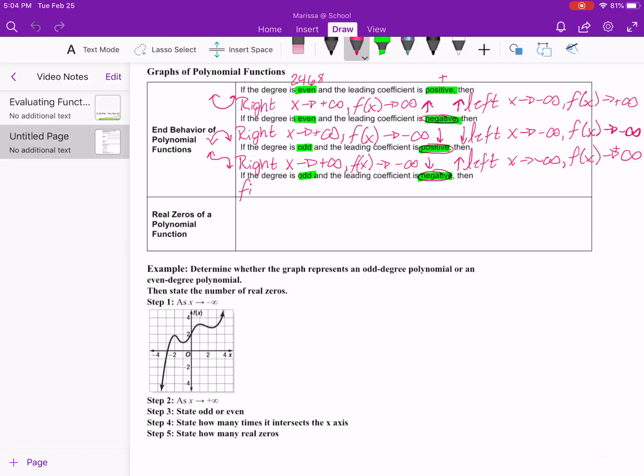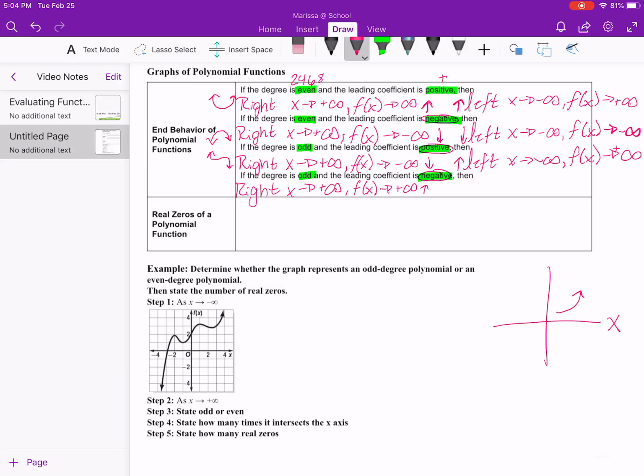I've got the right. So x approaches positive infinity. So as I'm looking towards the positive side, I'm going to notice that my graph is getting larger. So I'm going in the upwards direction. So my graph is going towards more positive numbers.